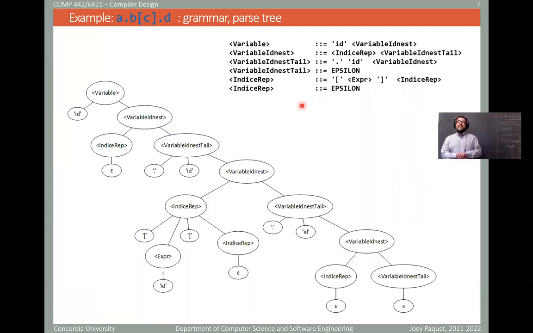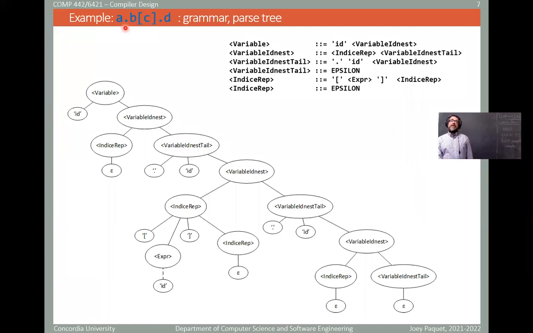Okay, another example is the infamous ID nest here. This is where you can actually parse things like A.B.C.D. Or in this case, I have actually included the indices, or indexes.